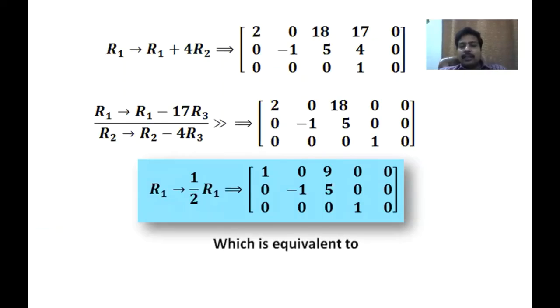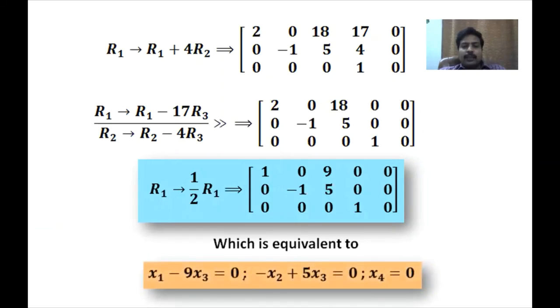These equations are equivalent to x1 minus 9x3 is equal to 0, minus x2 plus 5x3 is equal to 0. This is the second row. And from the third row, x4 is equal to 0.